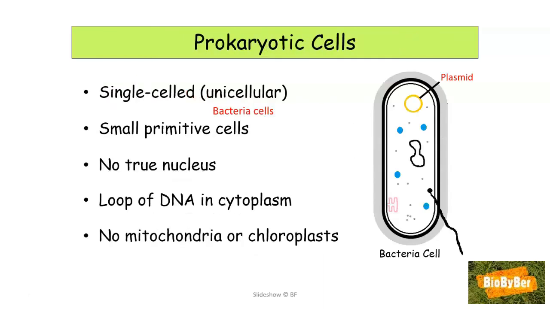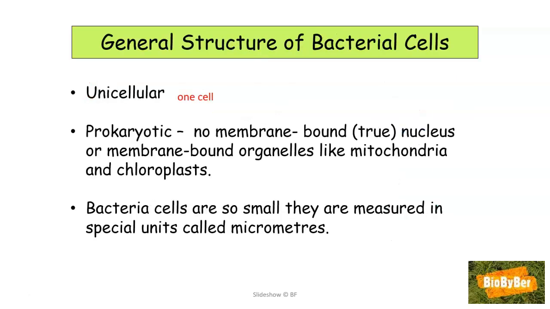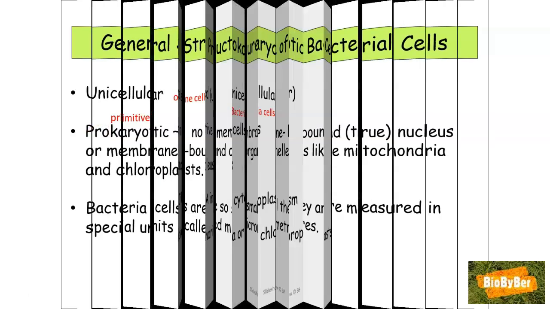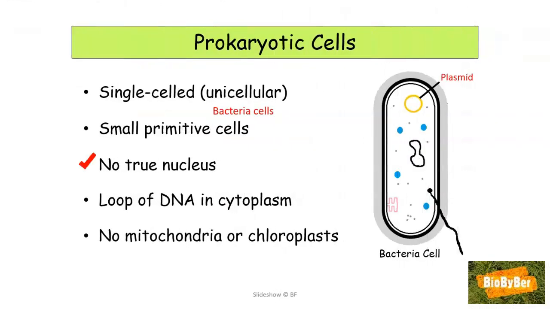We saw this in our checklist of prokaryotic cells, where we said that prokaryotic cells are single-celled. Bacteria cells are prokaryotic. As we've said, they are primitive cells, they have no proper nucleus, they don't have membrane-bound organelles like mitochondria and chloroplasts. Again, reflecting a characteristic of prokaryotic cells that we met already.